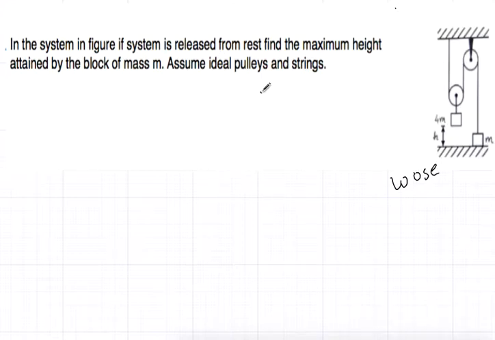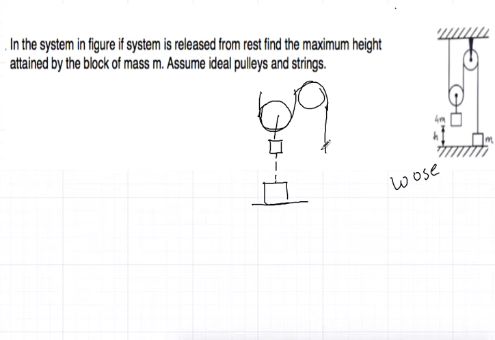Let me draw it. See, this is the initial position of this mass, right? If it is going down and touching the ground, then this body by inertia is still going up. So this end is going up, but this particular part is not moving because it's touching the ground.